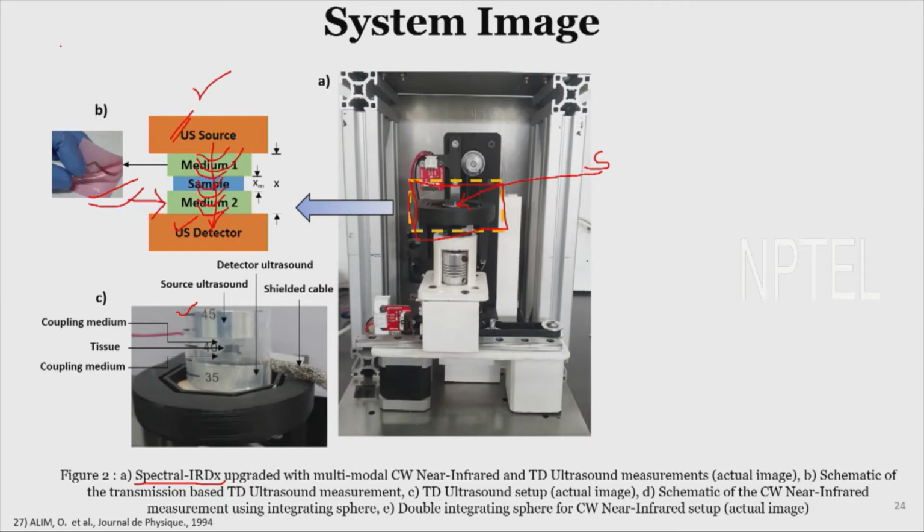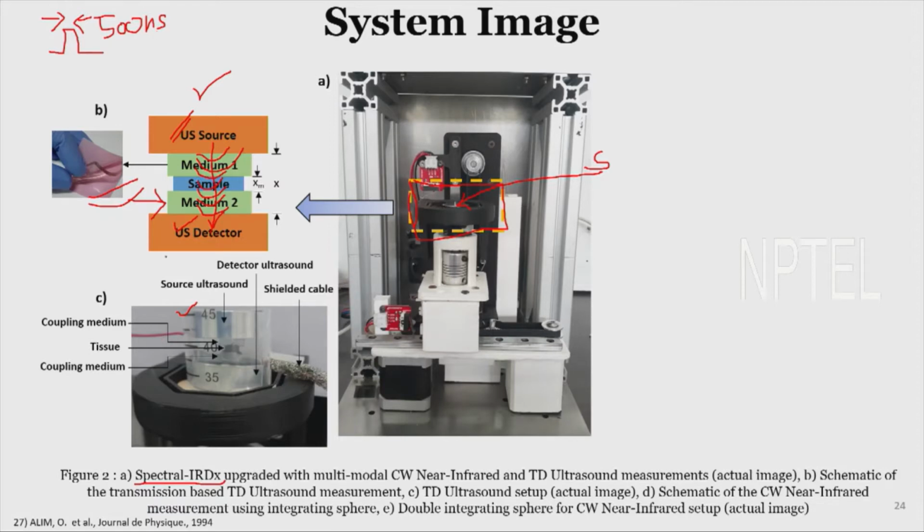What we do is we give impulses, short pulses in the order of a few hundreds of nanoseconds. For example, 500 nanoseconds we observed. At 500 nanoseconds there was a very good delineation between normal and cancer tissues.